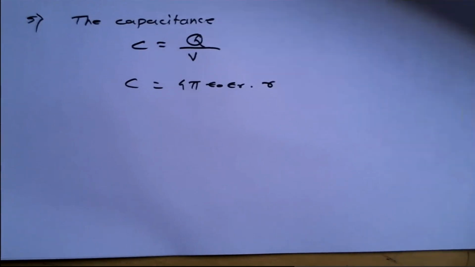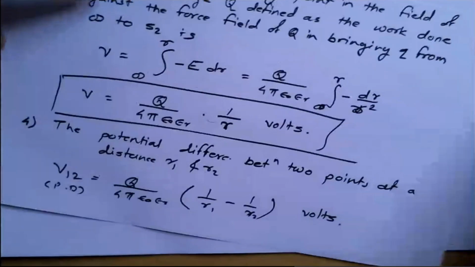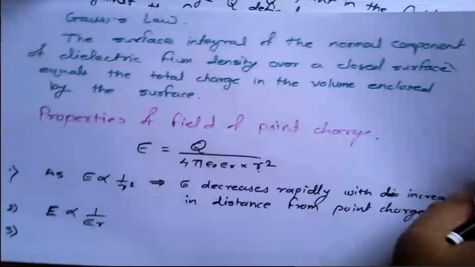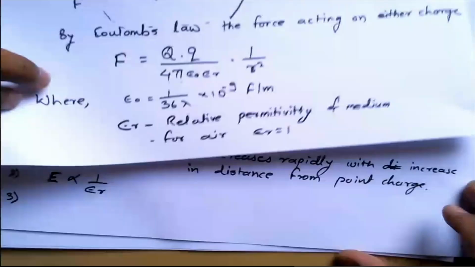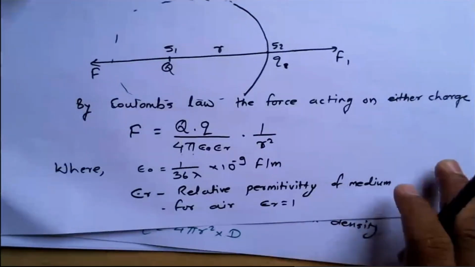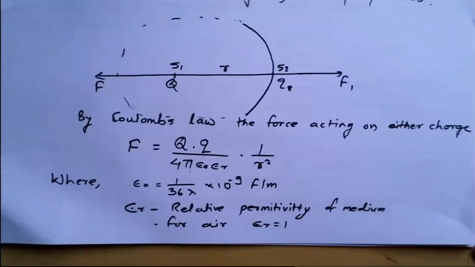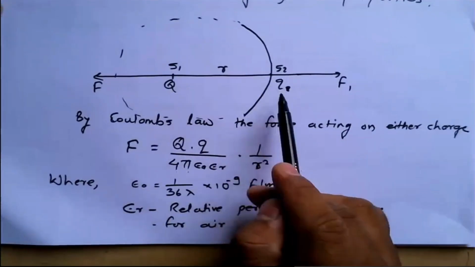I will just repeat it within 2 to 3 minutes. As I told you, we are going to see the field of point charge and its properties. So we have considered a point charge small q.